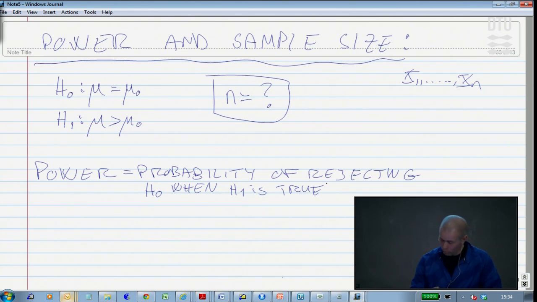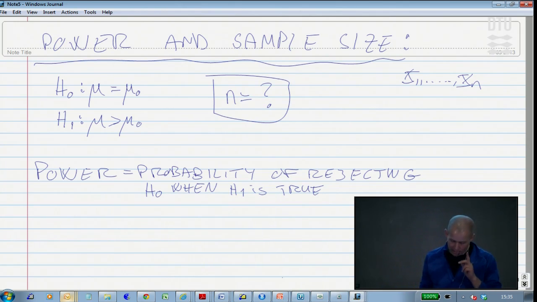That's spelled out in words. The probability of actually detecting something if it's there, that's the power of a hypothesis test. This is something we'd like to be large, right? We'd like to be able to detect when we should reject. That is a good thing.